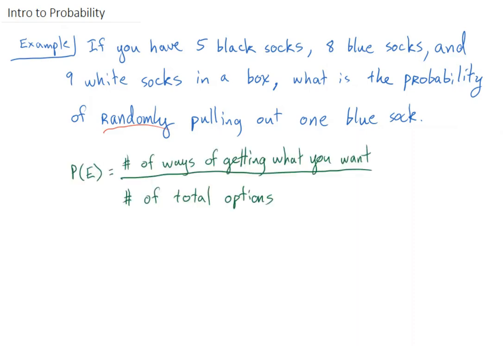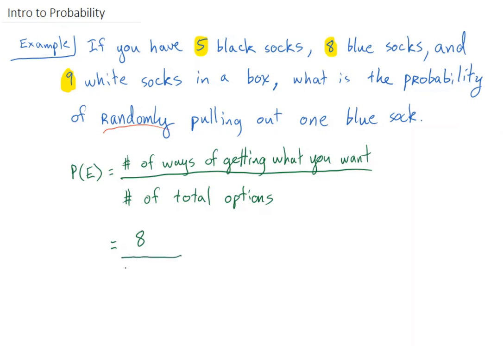So the probability is going to be the number of ways of getting what you want over the number of total options. What we want here is a blue sock, and for the number of total options, we'll add up all the options. We have 5 black socks, 8 blue socks, and 9 white socks. So the number of ways of getting what we want is 8, because there are 8 blue socks.